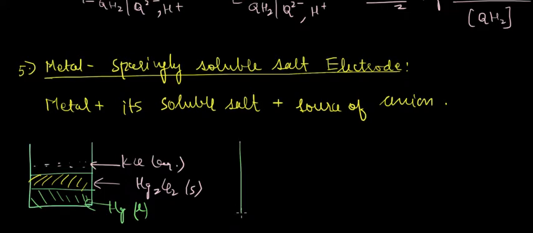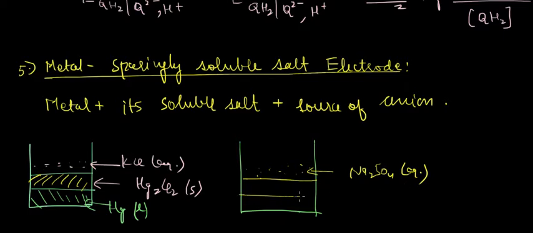Okay, similarly we can have another example wherein we would have the top layer as Na2SO4 aqueous, the middle layer present is PbSO4, and the last layer present is Pb in solid form.